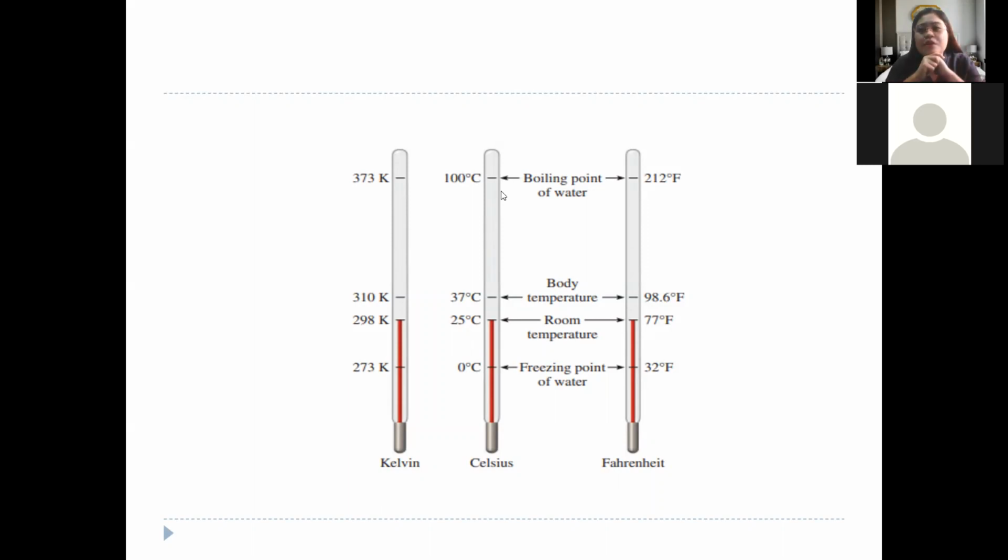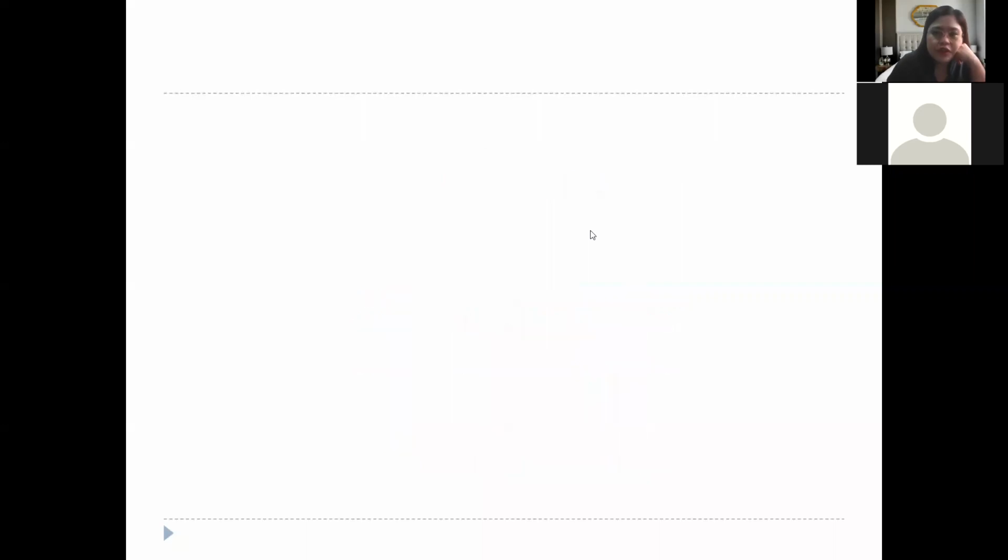And then that is equivalent to 373 Kelvin. For degrees Fahrenheit, that's 212. So they have different numerical values, but again, they are different temperature scales. Pero parehas sila na nag-measure og temperature.